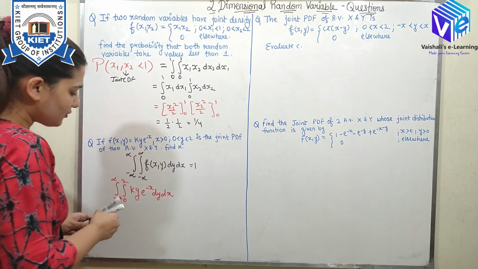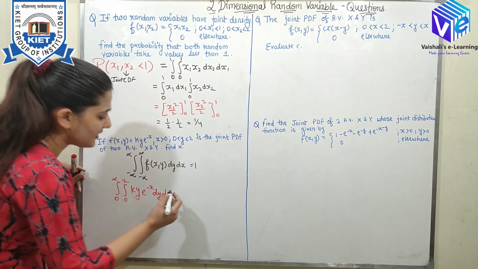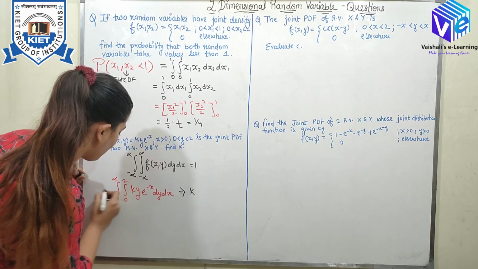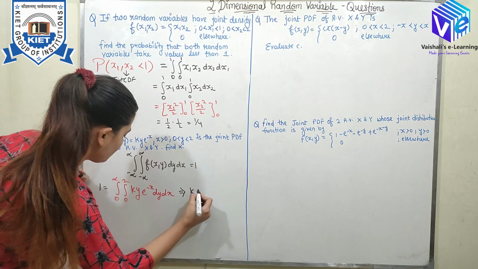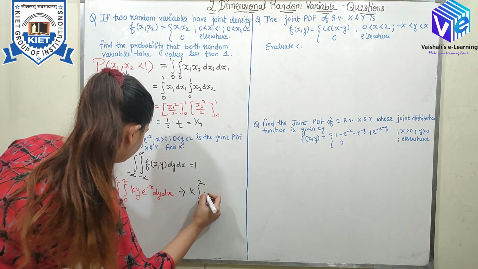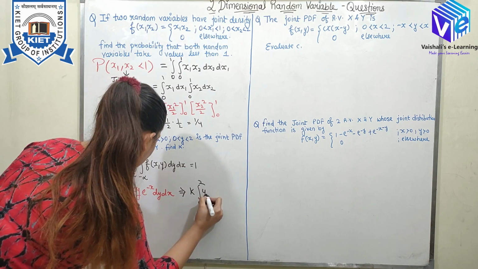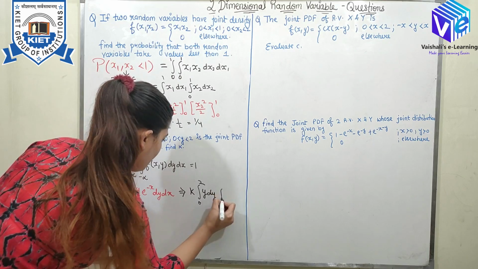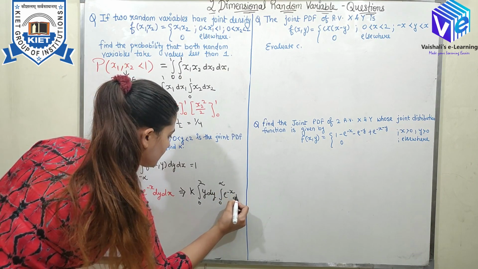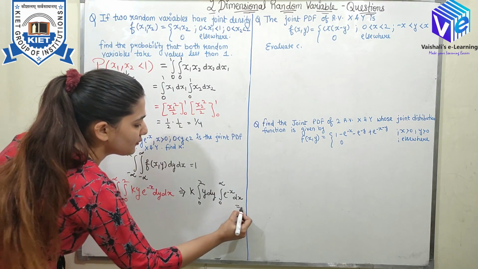Now again these two, y and e raised to power minus x, are independent. I can separate them and I can take k outside. It is equal to 1. So when I take k outside, integral 0 to 2 of y dy and integral 0 to infinity of e raised to power minus x dx is equal to 1.